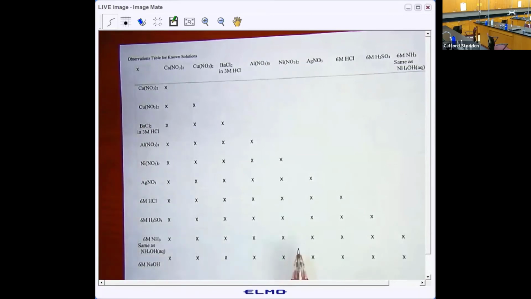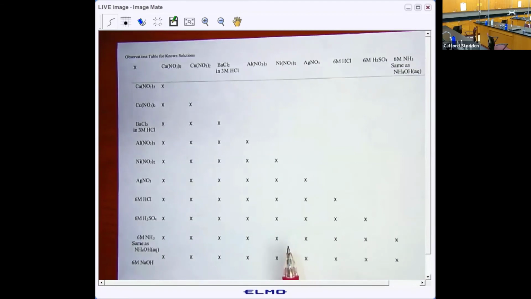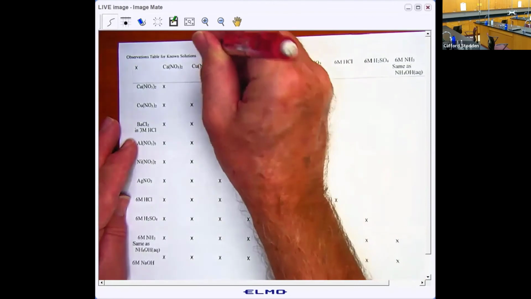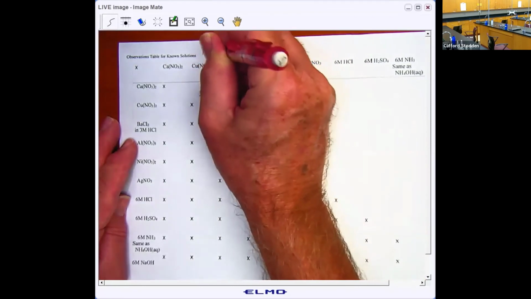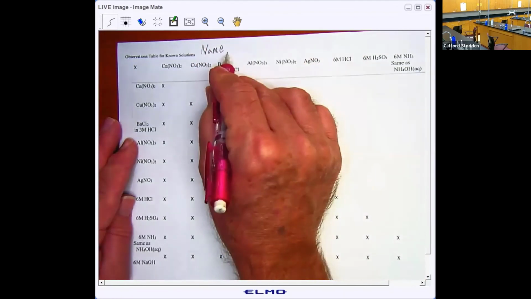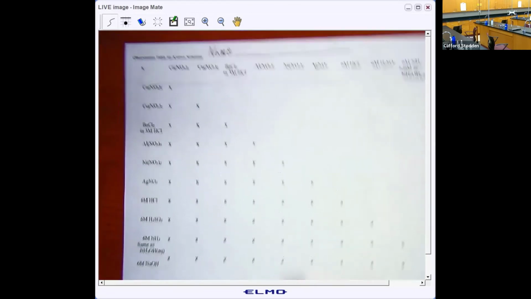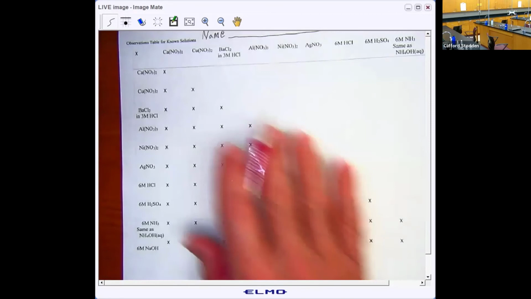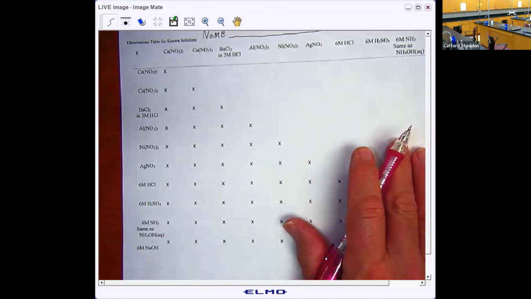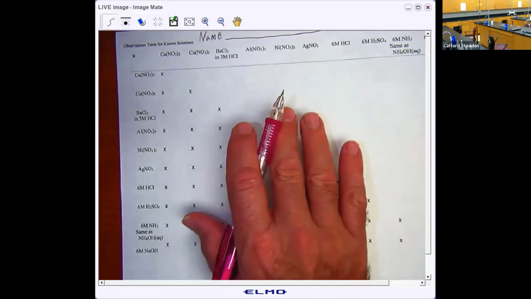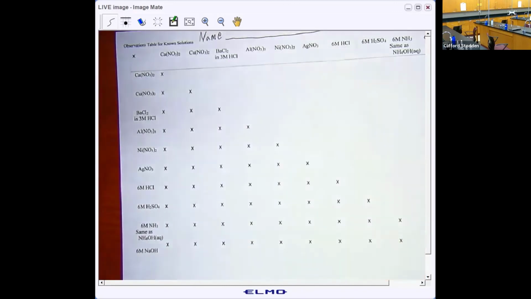The only thing I didn't do was put a place for your name at the top, so just make sure you write your name in before you turn it in as a lab report. I'm allowing you to write directly on this grid because your data is coming from a video, so you don't have to use your lab notebook for this part of the experiment. I do want you to use your lab notebook whoever's here next week working with the unknowns.